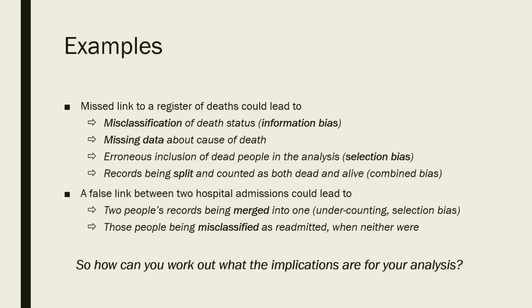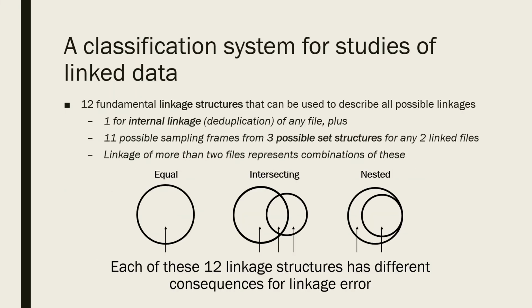And so how do we know what the implications are for analysis? Well, Katie Harron and I spent a long time testing these out on data linkage students, trying to work out all the different possible study designs that are out there using linked data.